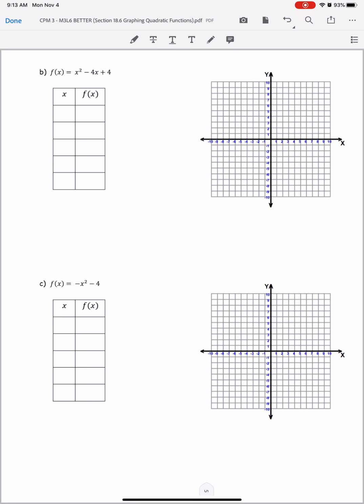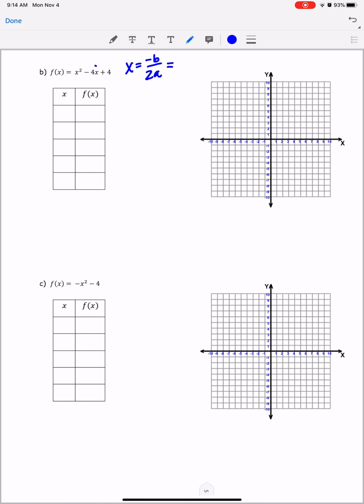On B, we have x squared minus 4x plus 4. So, first things first, find that vertex. So to do that, we've got x equals -b over 2a.